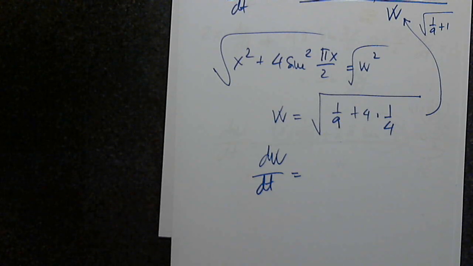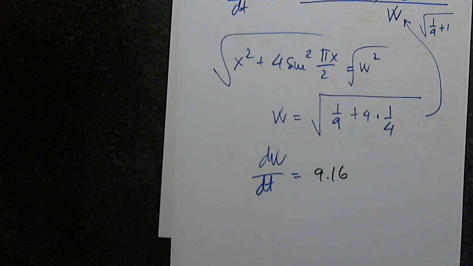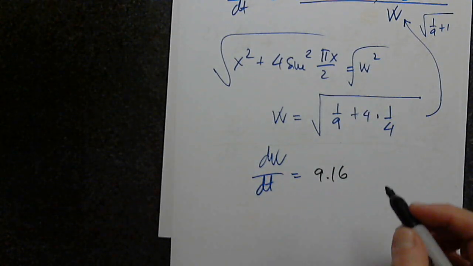And the denominator is, I will put in parentheses 1/9. I'm almost sure it doesn't need to, but it's a habit. Okay, so 9.16. 9.16, and now we need the measurement unit. Per, yes.